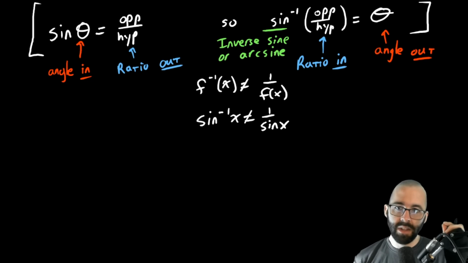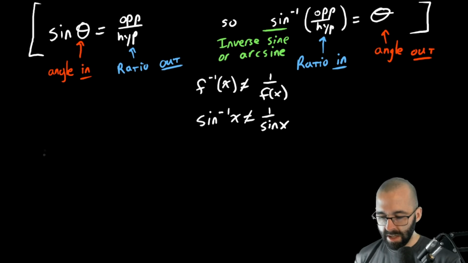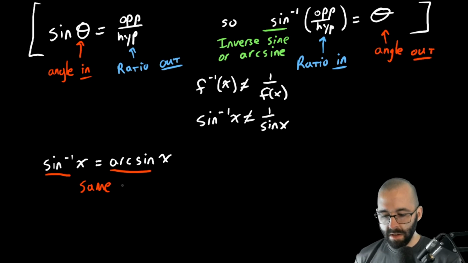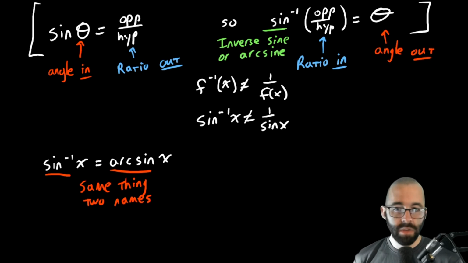We'll be using those interchangeably. One more comment: inverse sine of x is also called arc sine of x. These mean the same thing. Just two names. They're identical. Inverse sine, arc sine, same thing.